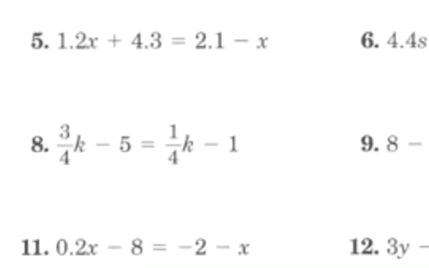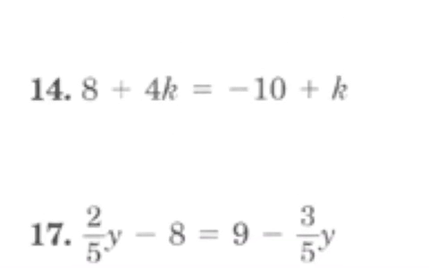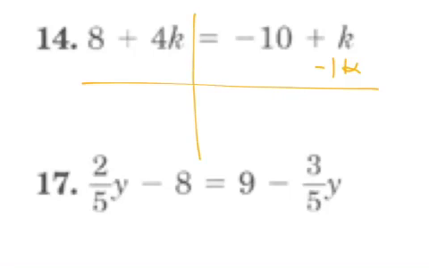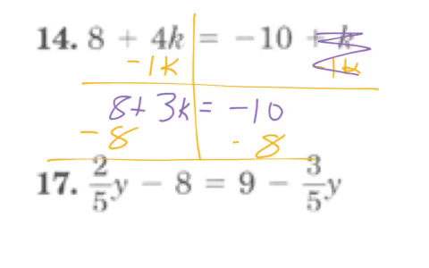It's 11, 12, 13, there's 14. Alrighty. Subtract 1k over here, subtract 1k over here. That's going to give me 8 plus 3k equal negative 10. The k's went away over here on the right. And we're going to subtract 8.